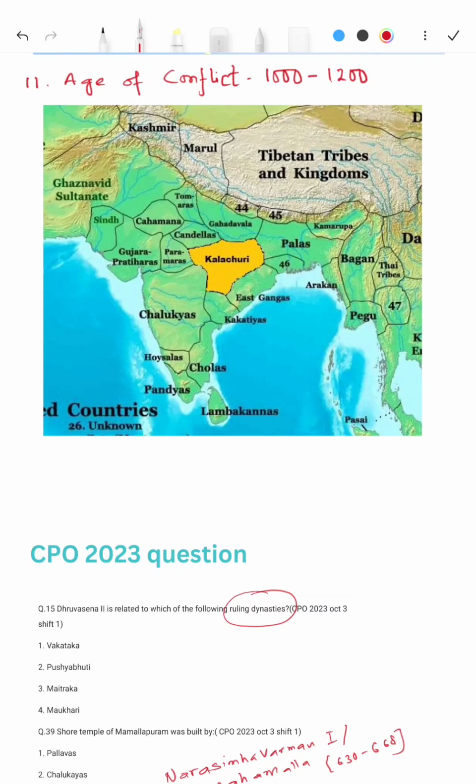The period from 1000 to 1200 is called the age of conflict. This is the period of disintegration into smaller kingdoms, where the smaller kingdoms such as local rajas begin to assert independence.